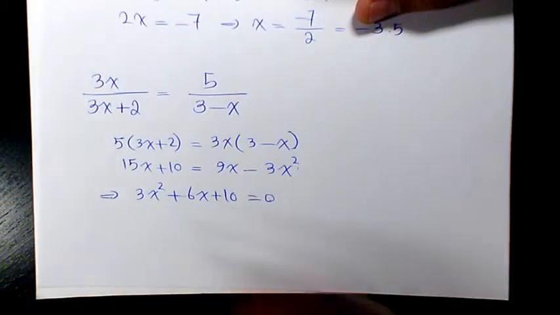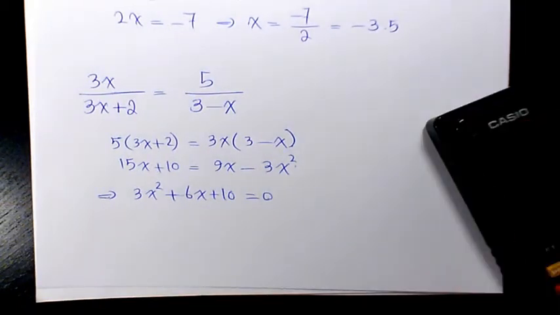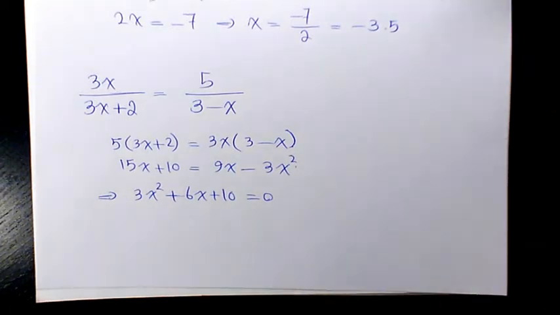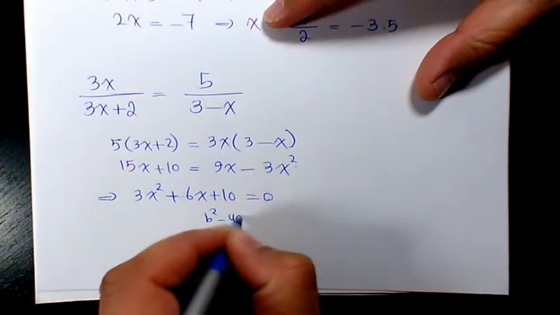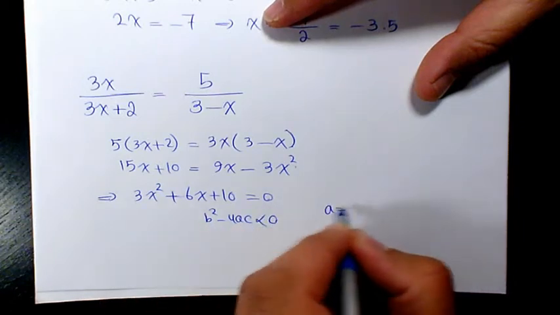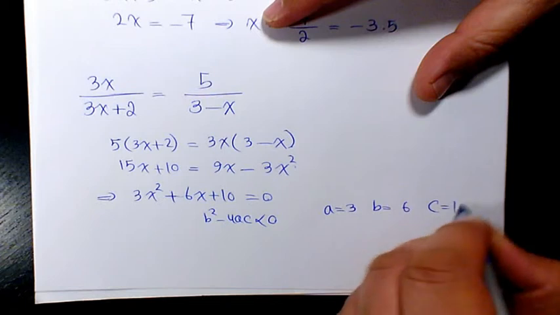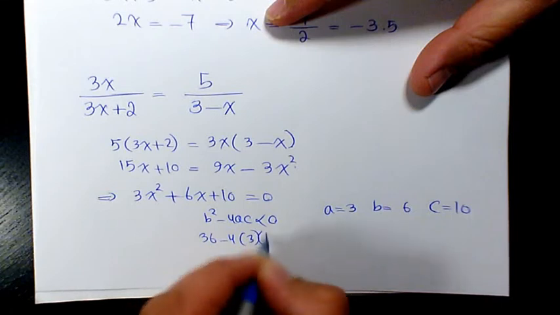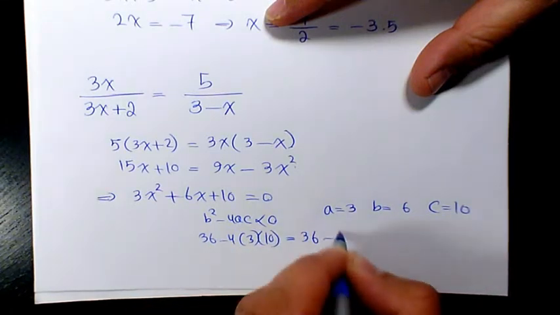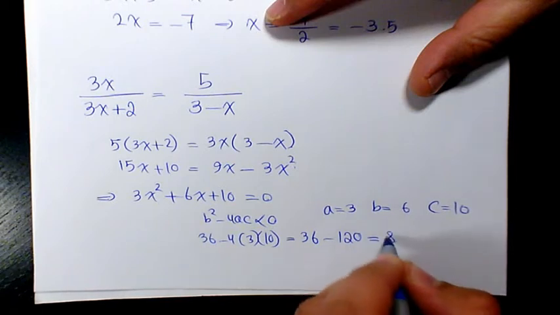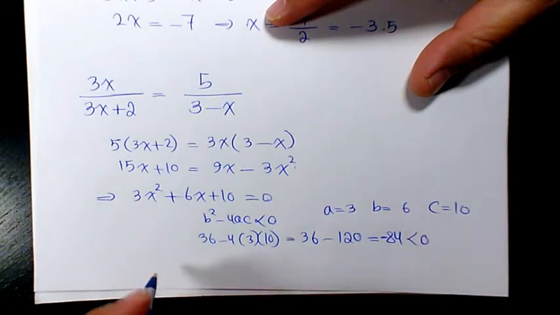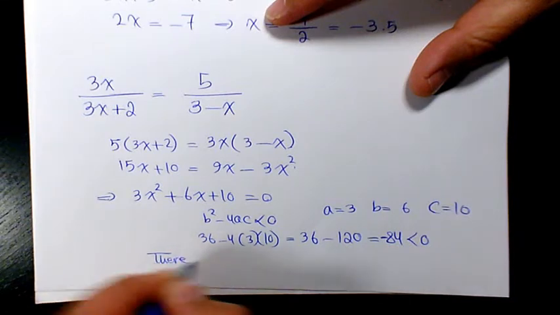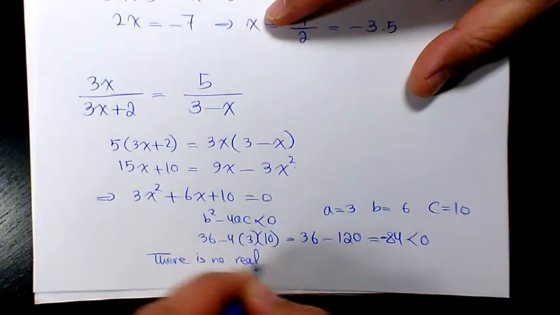Now I need to do the quadratic formula. 3, 6, and 10. Since b squared minus 4ac is going to be less than 0. Why? Because a is 3, b is 6, and c is 10. b squared minus 4ac is going to be 36 minus 4 times 3 times 10, which is 36 minus 120. That's going to be negative 84. Since it's less than 0, there is no real answer.